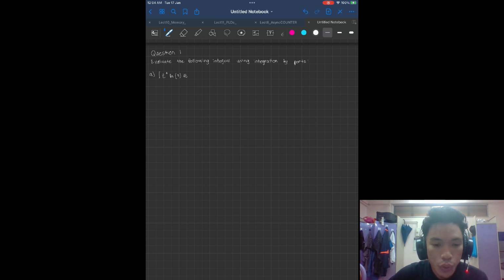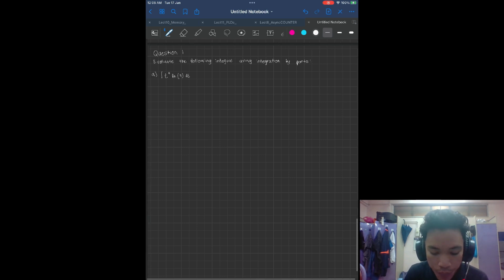I was assigned to solve question 1A, which is: evaluate the following integral using integration by parts. As you can see here, this is my assigned question.